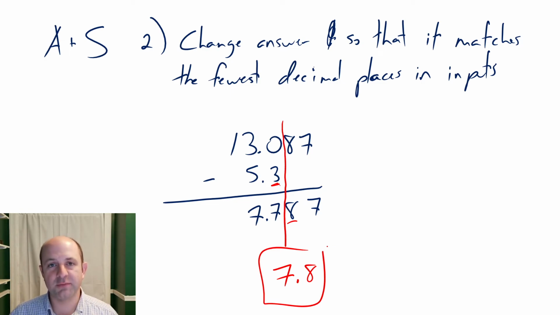Now, there are sometimes more complicated setups where you might have to add numbers together and then multiply, right? A multi-step problem. In that case, the rule is you keep track of where your sig fig would be, but you don't round until the very end. Because if you have a 3-step math problem and you round each time, the answer you get is going to get rounded farther and farther away from the correct answer.